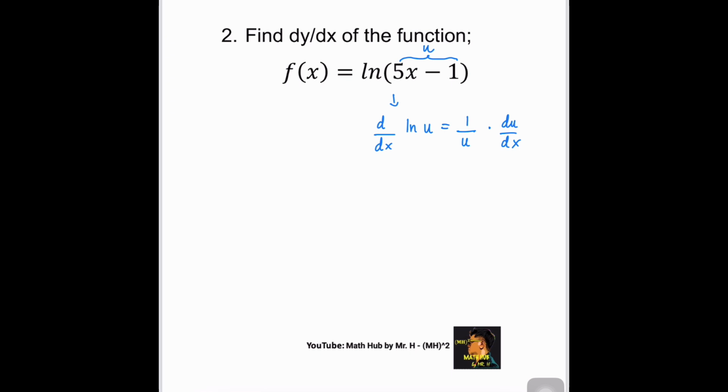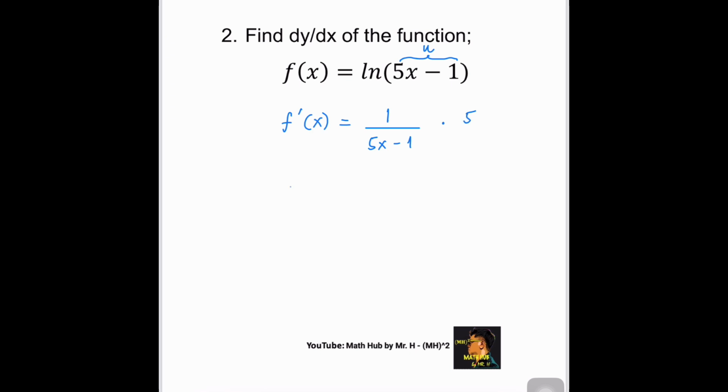All right, so to find the derivative, we have f prime of x. Be careful with your notation. So 1 over u is going to be 1 divided by 5x minus 1, times the derivative of u, 5x minus 1, which is 5.